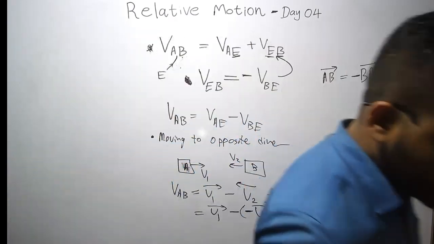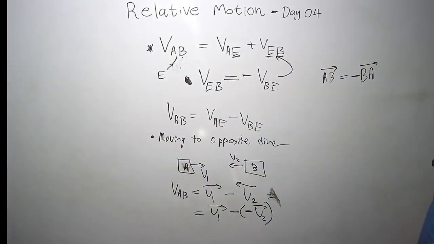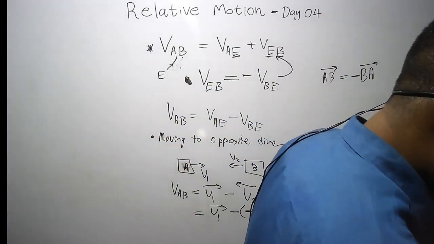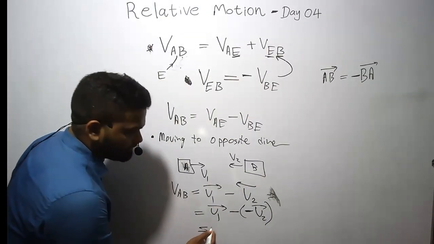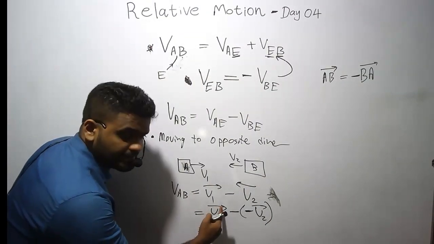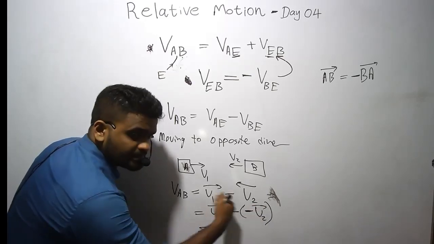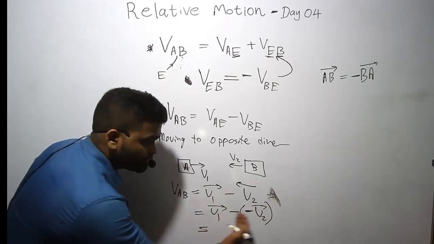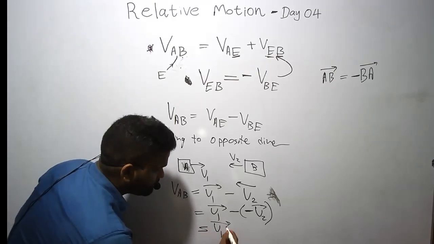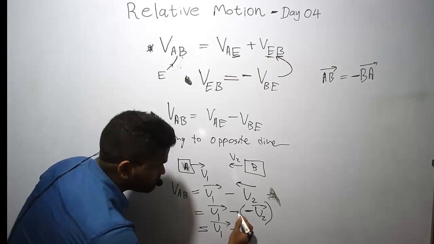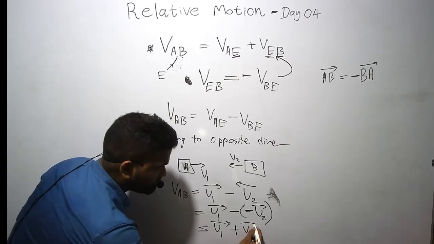That's what we do when we are doing vector calculations. Now you can see both vectors are to the same direction. Then you can simplify these. What do you get? V1 plus, minus minus plus, V2 to this side.